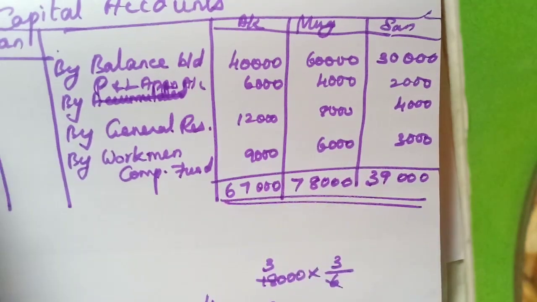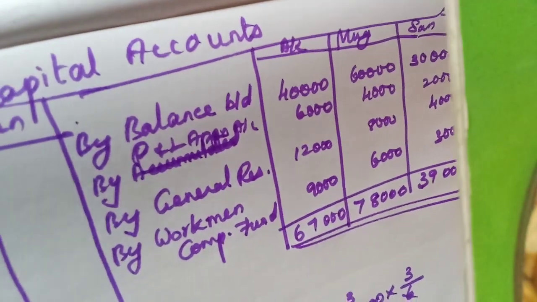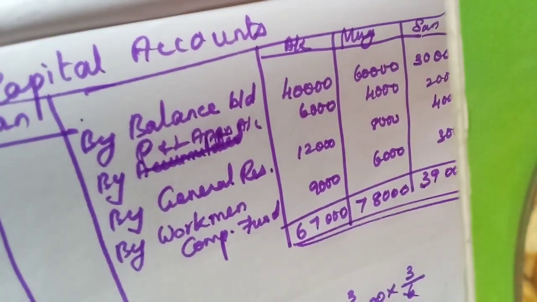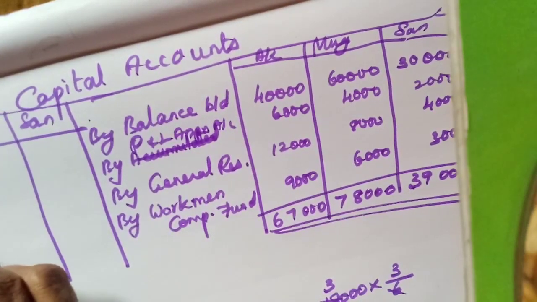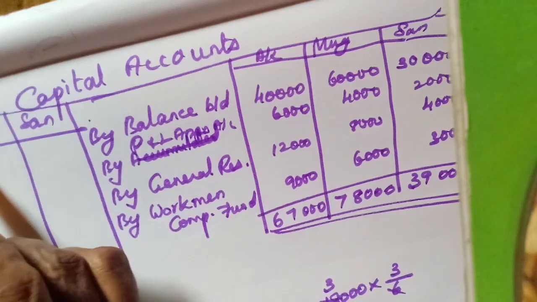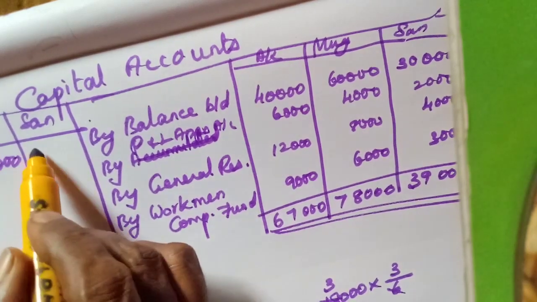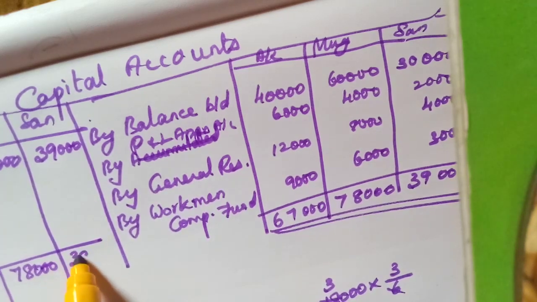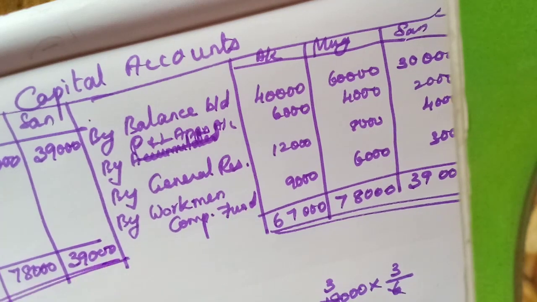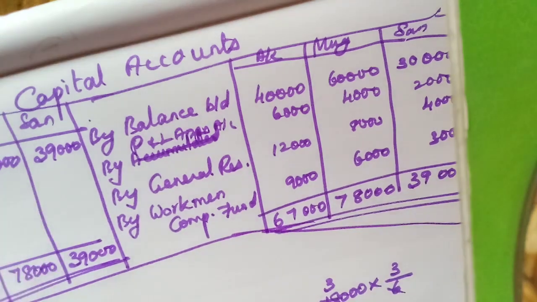Then here we need to write the closing balance, balance carried down: 67,000, 78,000 and 39,000. We draw the line and write the same amount. This is the capital account. Here you can write by balance brought down also.